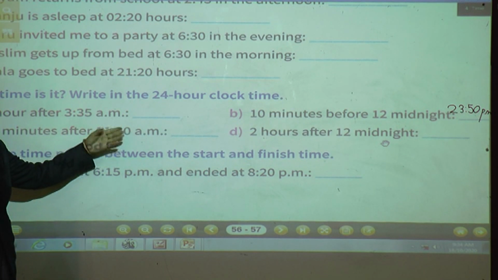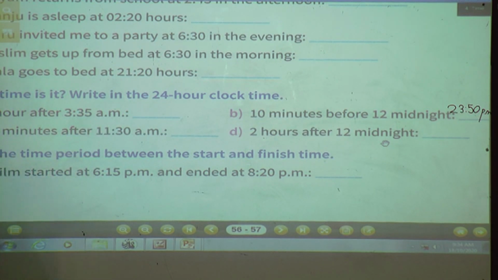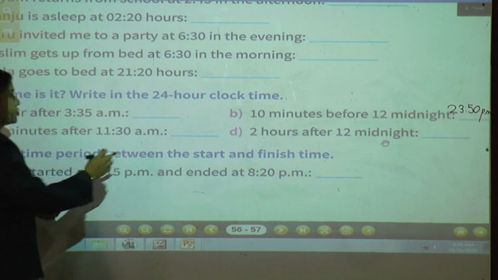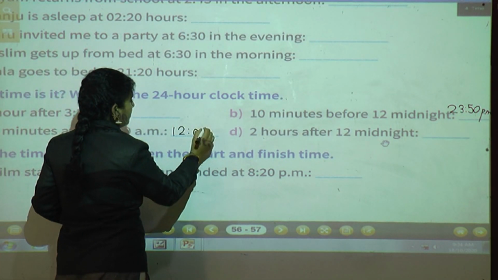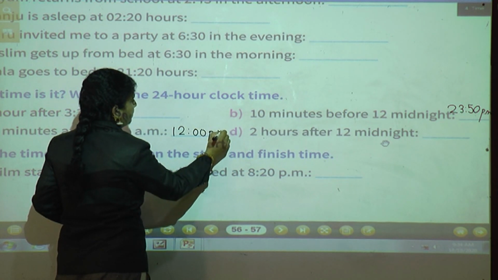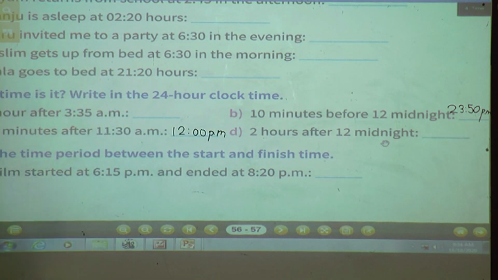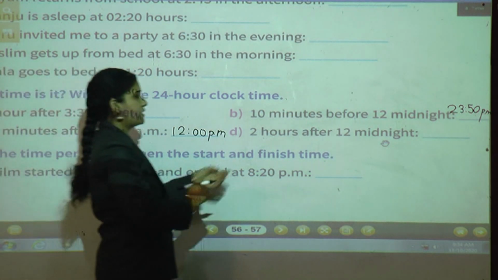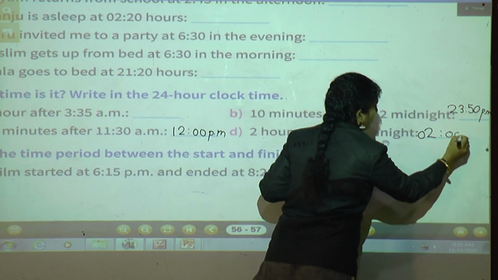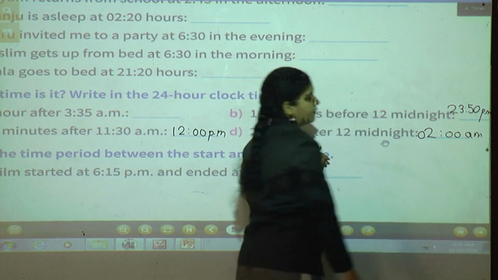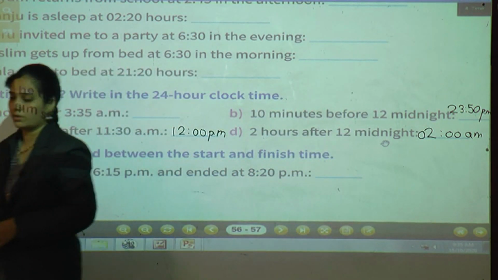So just add 30 minutes to 11:30. What will we get, students? Yes, 12 PM. Okay. Now 2 hours after 12 midnight. That means here we can write 2 AM. Okay, all of you understood?